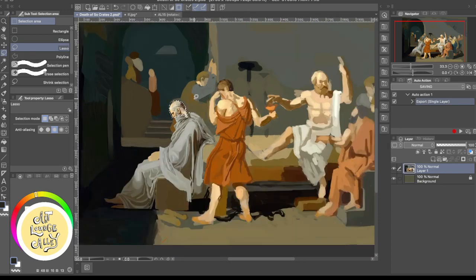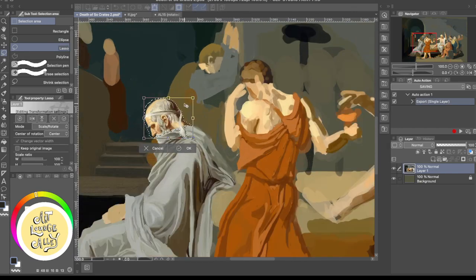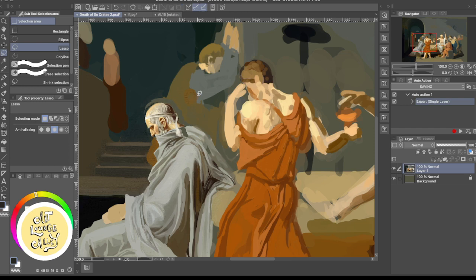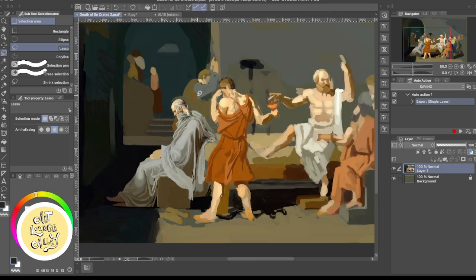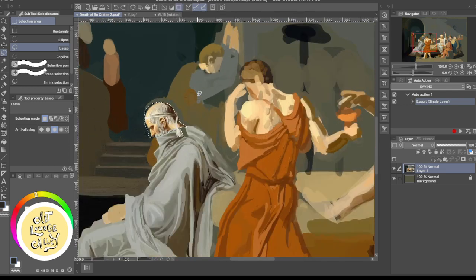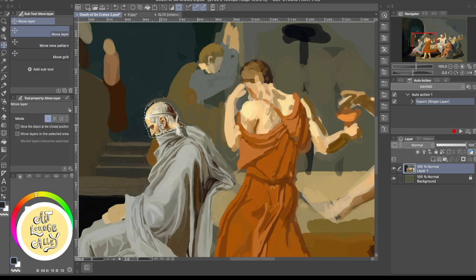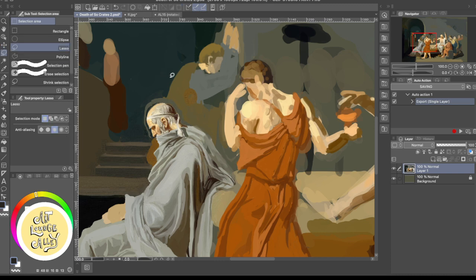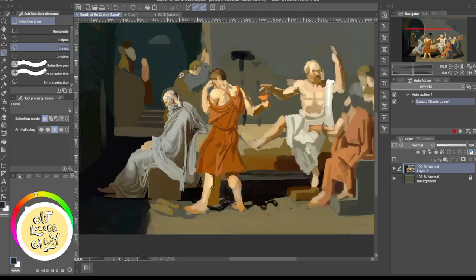How's that? Maybe too small. Gonna snap it into that.